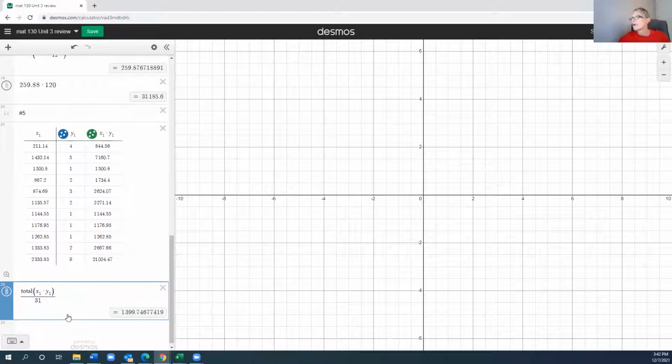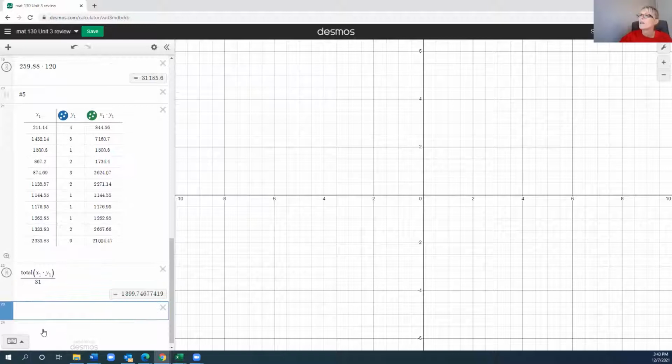Okay, so my average daily balance is $1,399.75. But it says they want us to calculate the interest charge and then calculate the new balance.